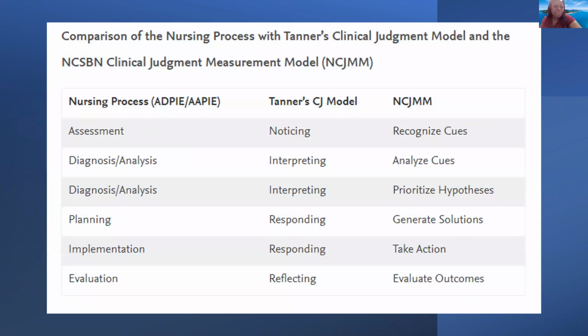Yeah. Okay, so a lot of these questions look beyond the nursing process. They're also using something called Tanner's model, and we're also looking at what they call the clinical judgment measurement model. That's what they're really emphasizing nowadays: to recognize the cue, analyze what's going on, prioritize it, and generate solutions to fix the issue.